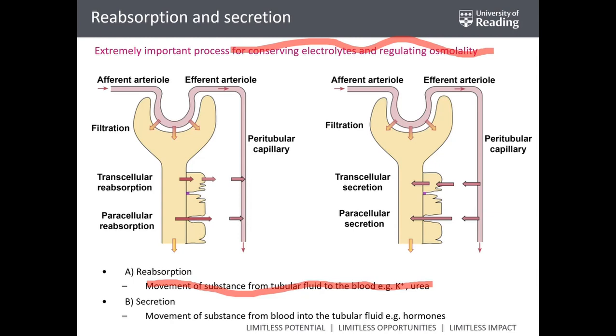While secretion is the movement of substance from the blood into the tubular fluid. Okay? So reabsorption goes from the tubular space to the blood, while secretion goes from the blood into the tubular space.